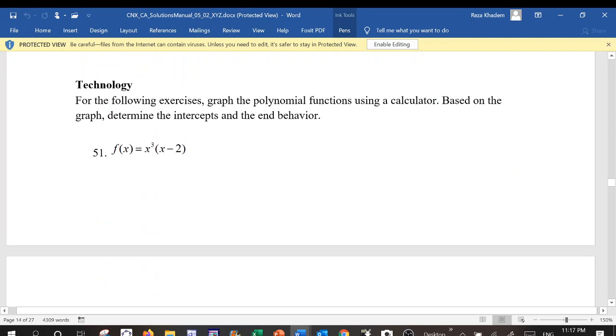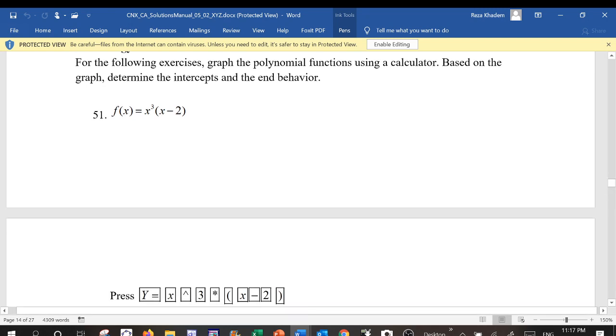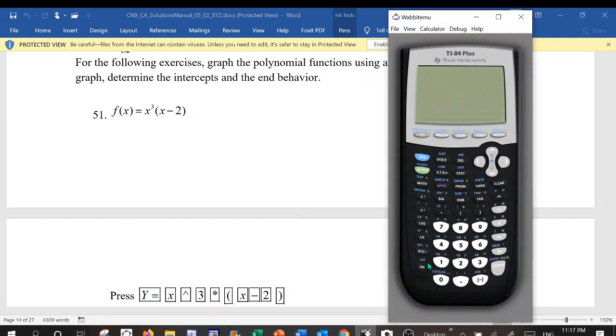it says for the following, graph the polynomial function using a calculator. Based on the graph, determine the intercepts and the end behavior. So we can do this with a calculator. And so what I'm going to do, I'm going to turn off my plot here.